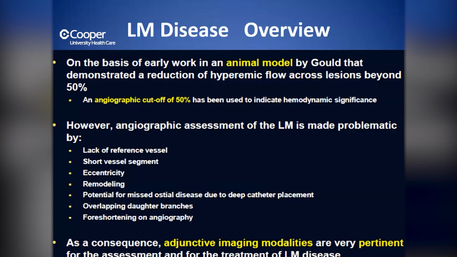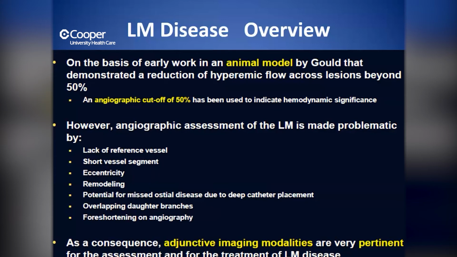You tie the left main and you increase the tying until you find compromise in the distal flow in the arteries. From the animal models, the 50% cutoff appears to be where the hemodynamic significance becomes an issue.